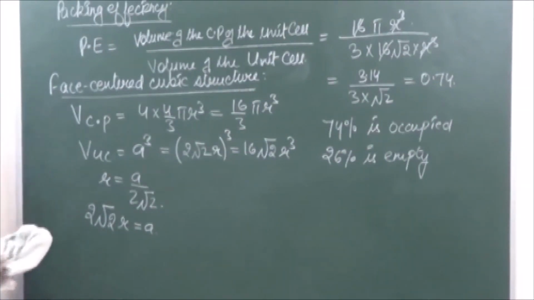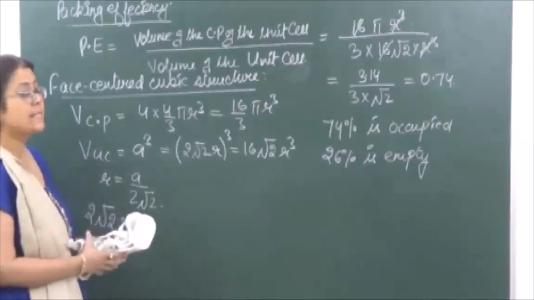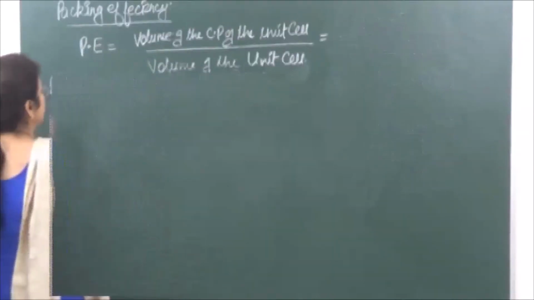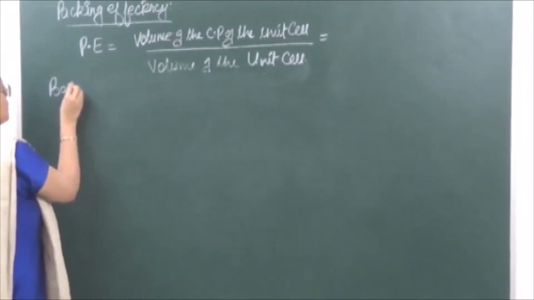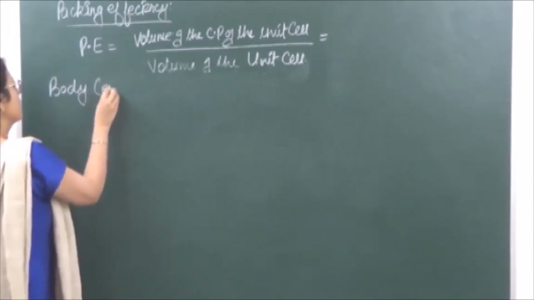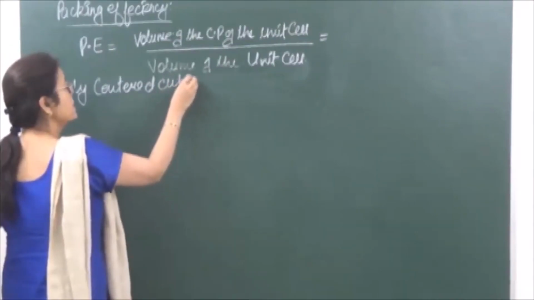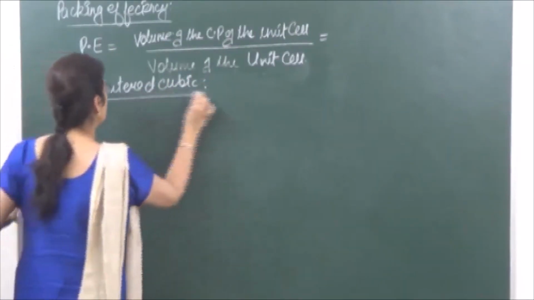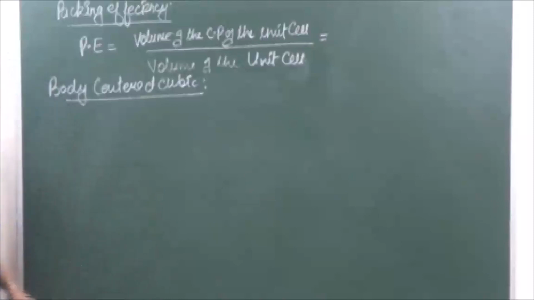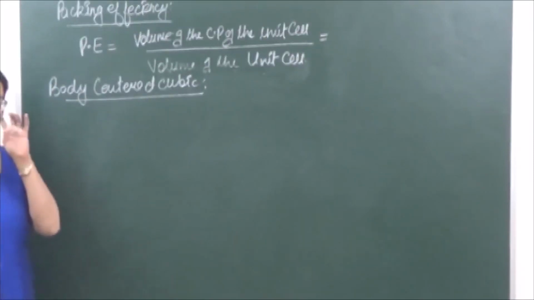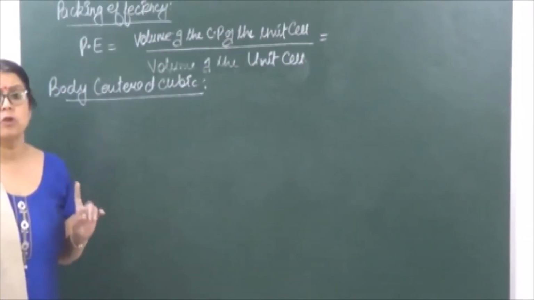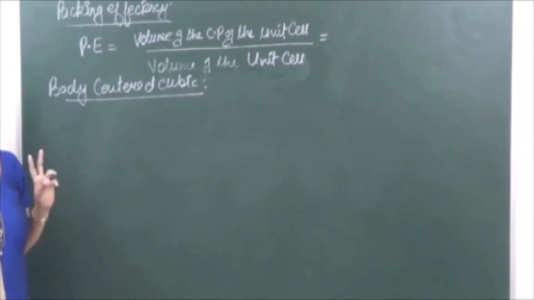So let's calculate the packing efficiency for body-centered cubic. BCC structure, body-centered cubic. In body-centered cubic, the number of constituent particles present in the unit cell is 2.